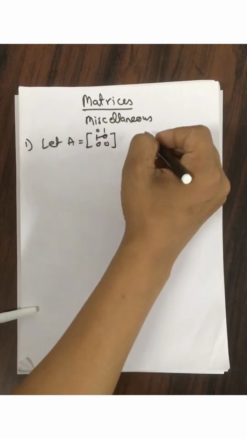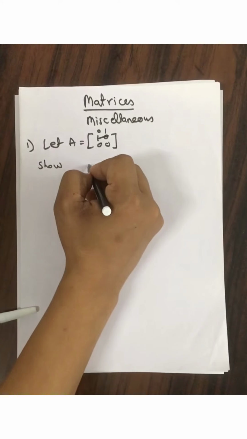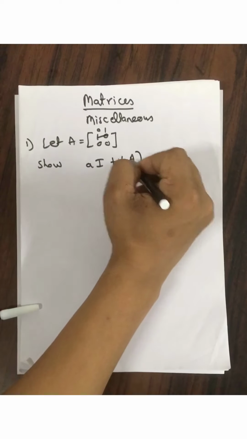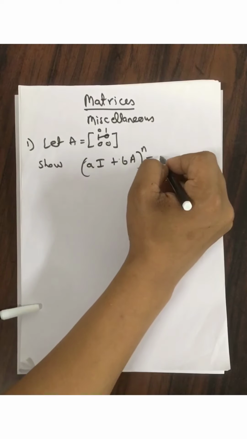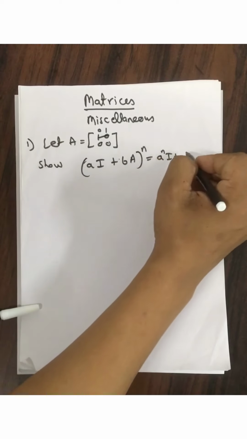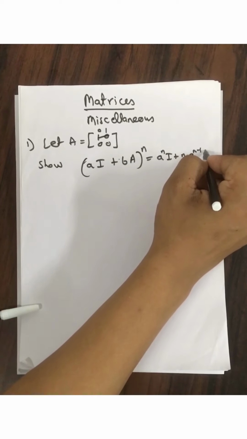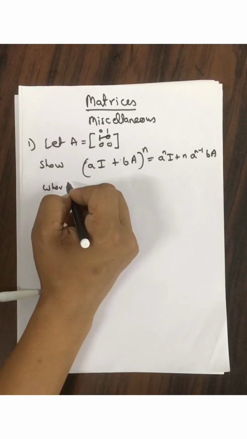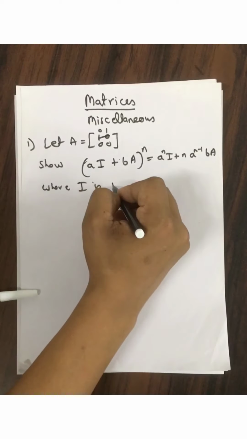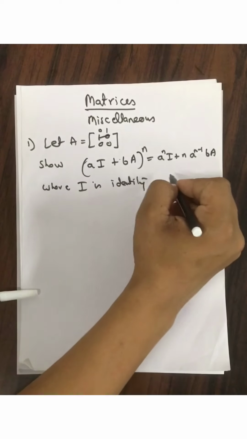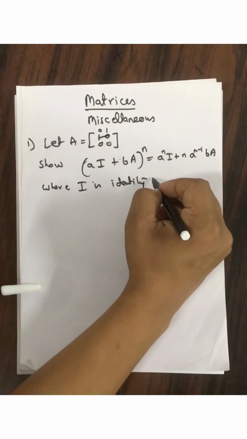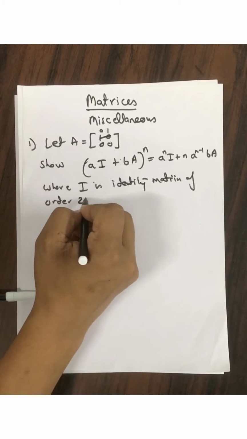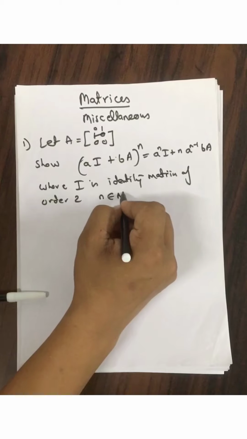(AI + BA) whole to the power n equals A to the power n I plus n A to the power n minus 1 BA, where I is identity, A is a matrix of order 2 and n belongs to N.